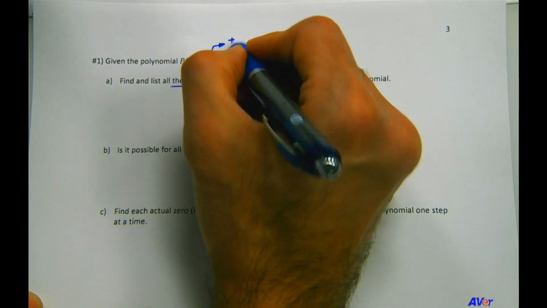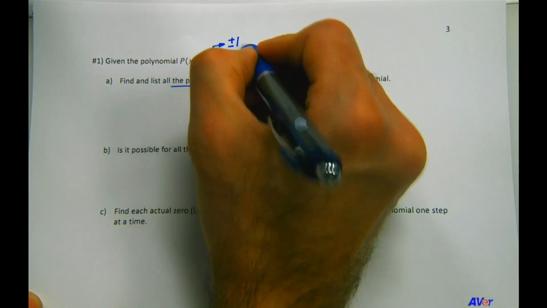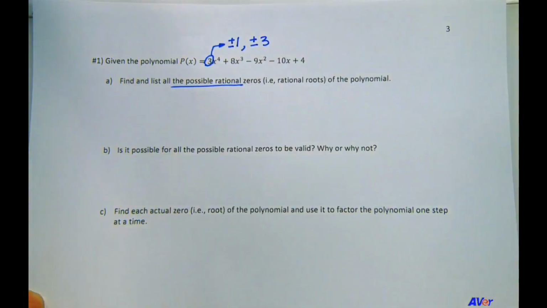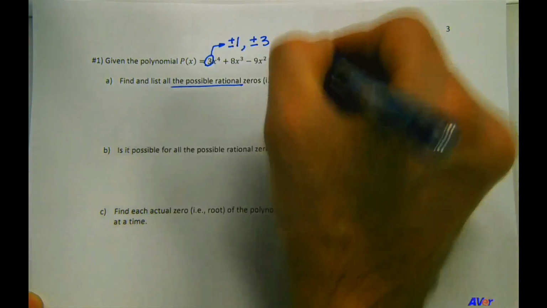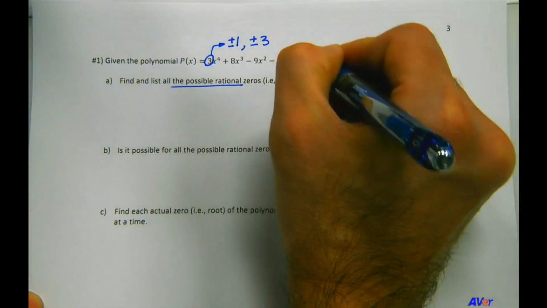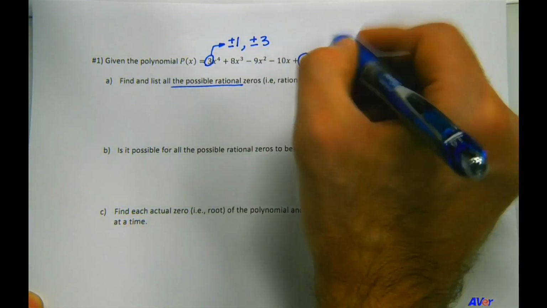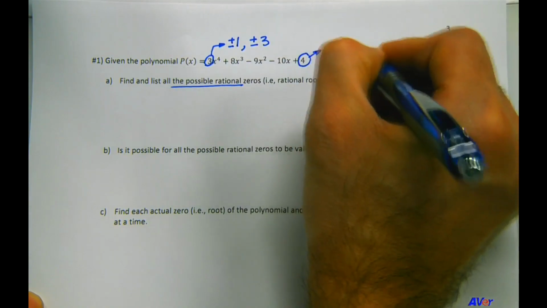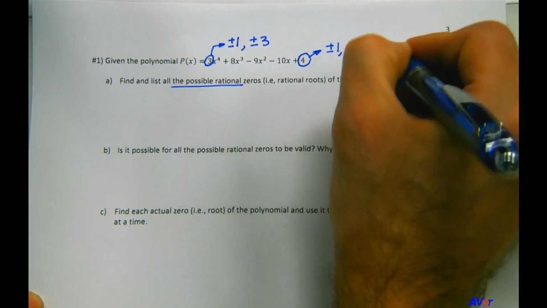So it has factors plus or minus 1 and plus or minus 3. The constant term, positive 4, has factors plus or minus 1, plus or minus 2, plus or minus 4.